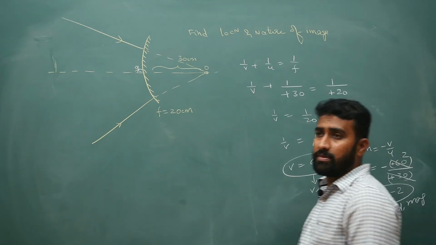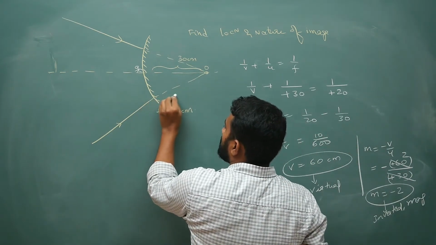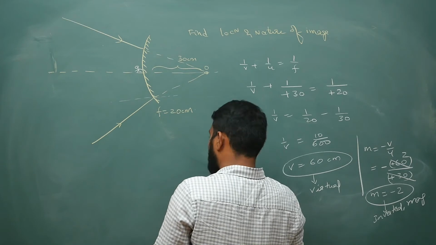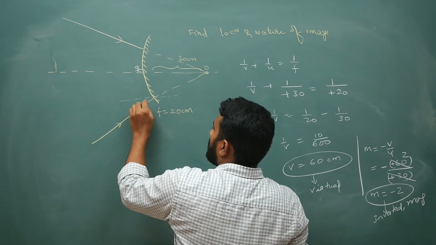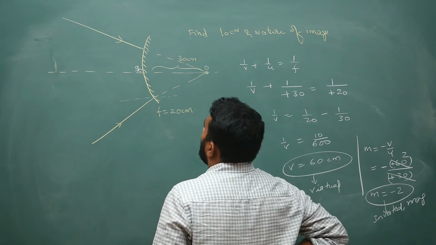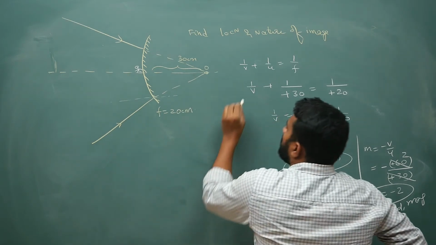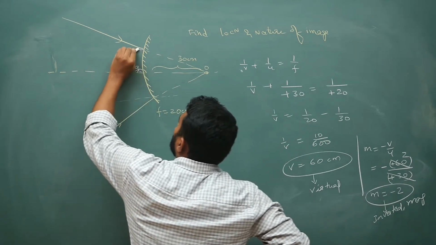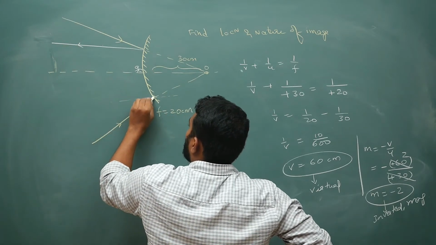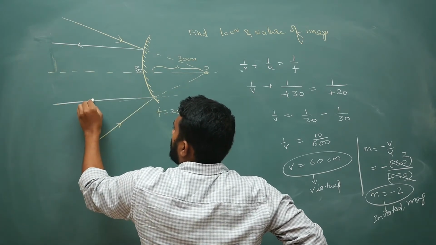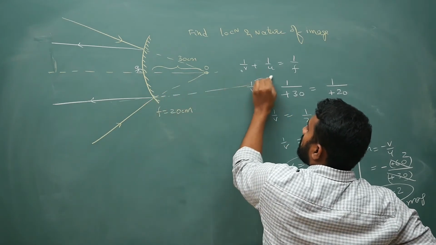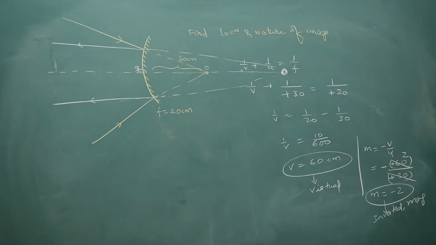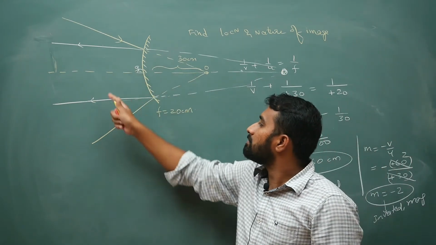This part we will come to later, but how will you draw the ray diagram? To explain the formation of image, somewhere here if I take your center, this ray after striking this, 60 is somewhere here. You have diverging rays, you will extend them like this, and explain the formation of image. These two will not meet, but they are reflecting.